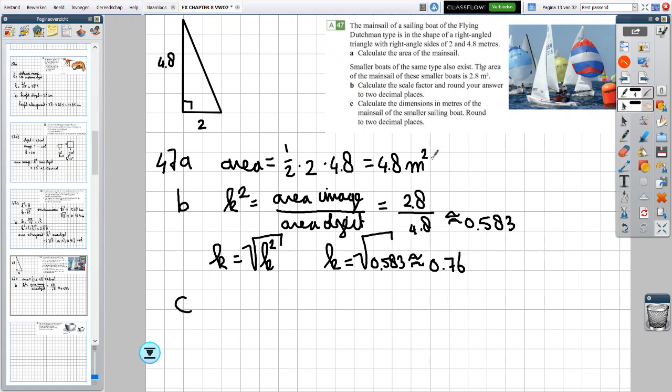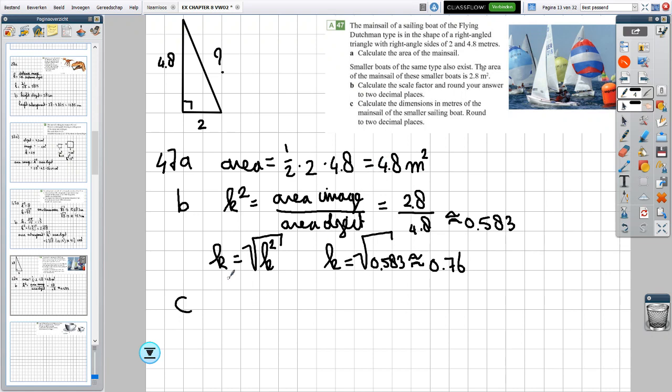Now at C they say calculate the dimensions in meters of the main sail of the smaller sailing boat, round to two decimal places. Okay. So here they want the dimensions of this thing, so maybe I now have to use the Pythagorean theorem to calculate this hypotenuse.